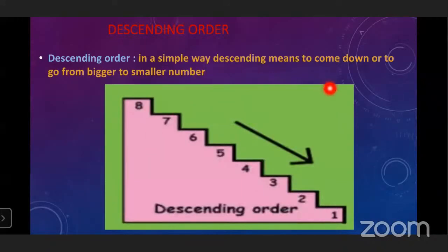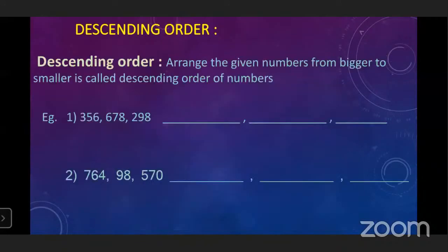In ascending order, we said smaller to bigger, and in descending order, we go from bigger to smaller. Now in mathematical language, when numbers are given, the question is like: arrange these numbers in descending order.